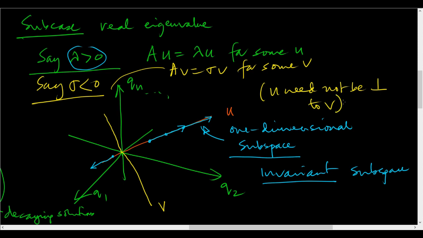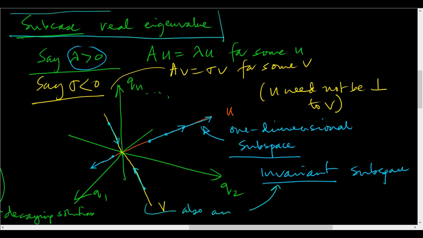Eigenvectors of symmetric matrices are orthogonal, or in the repeated case they can be chosen to be orthogonal, but over here that orthogonality condition is not necessarily true. So over here, if I have some initial condition that is on this eigenvector, it goes towards 0, staying on that eigenvector. If I have an initial condition here, it goes towards 0 like this. This is also an invariant subspace.